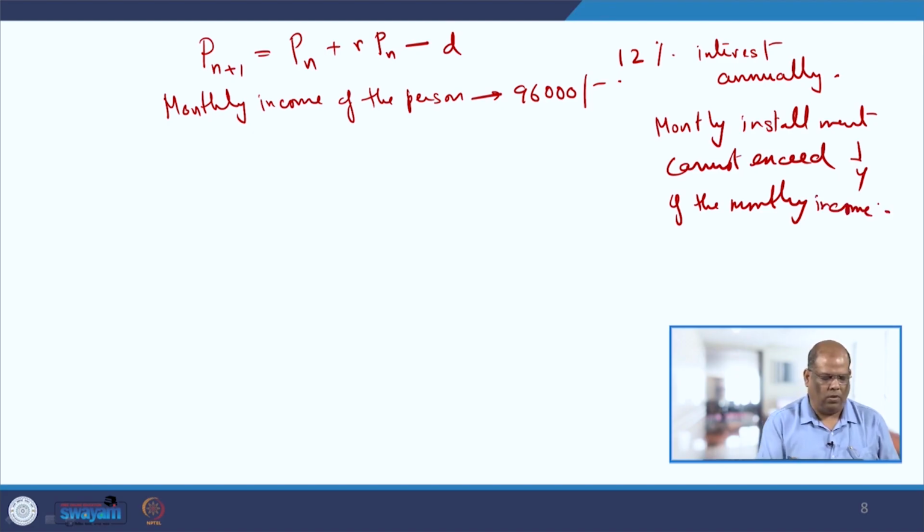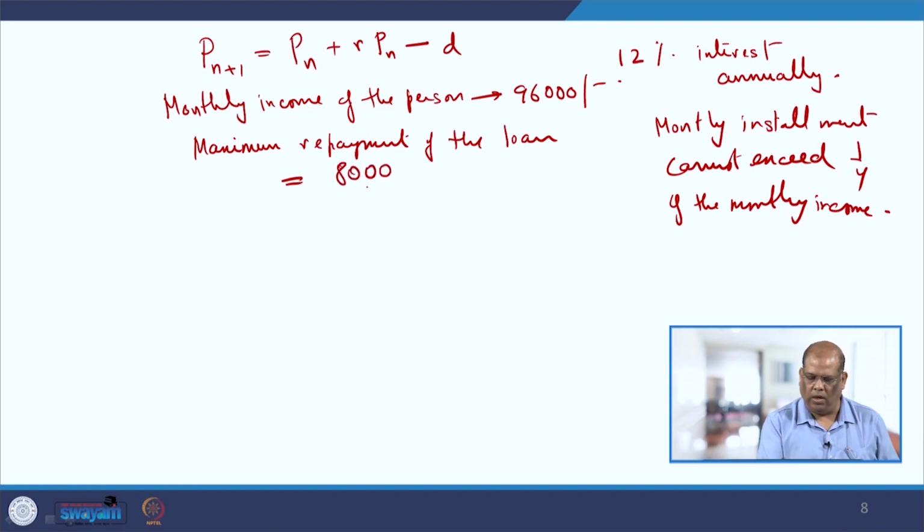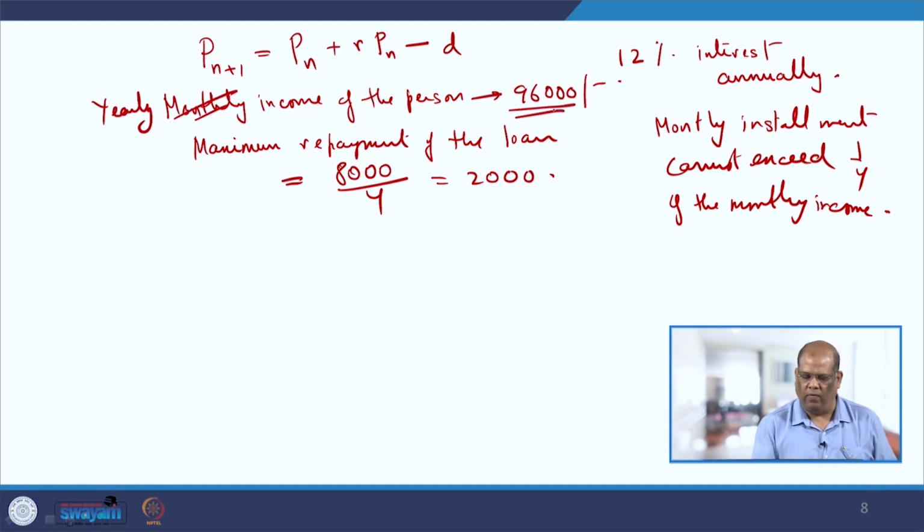So, your maximum repayment of the loan will be 8,000 divided by 4, which is 2,000. So, this is say yearly income. This divided by 12 will give you 8,000 and 1/4 of that is 2,000.